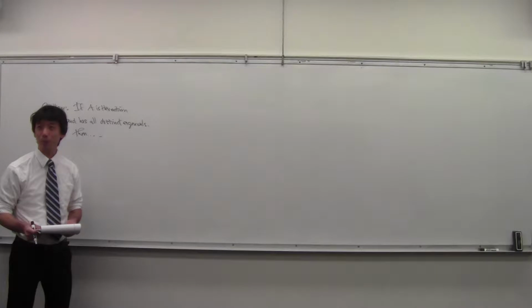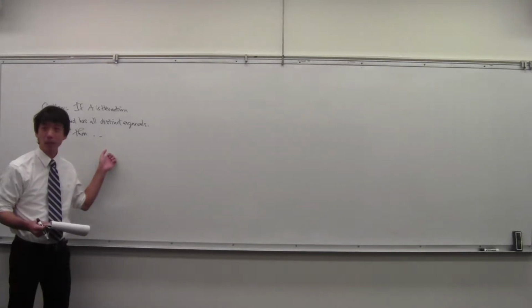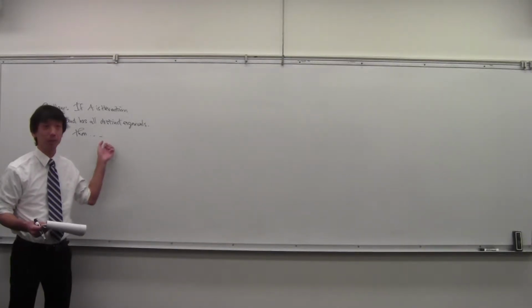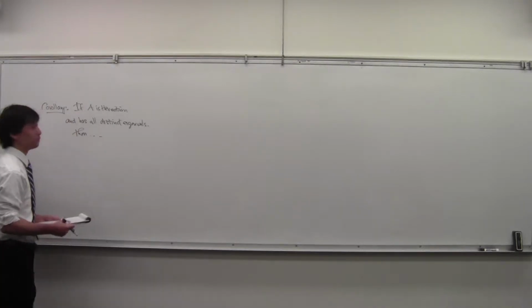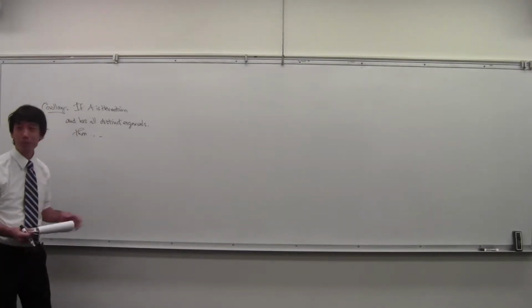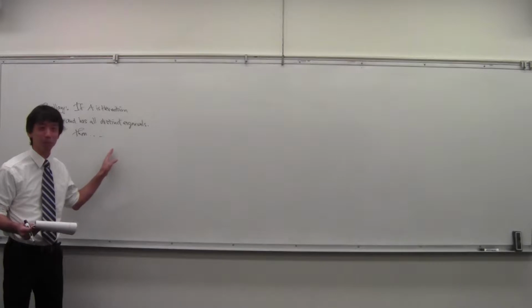Does anybody remember what happens? If A is Hermitian and has n distinct eigenvalues, then something happens. Maybe remember?